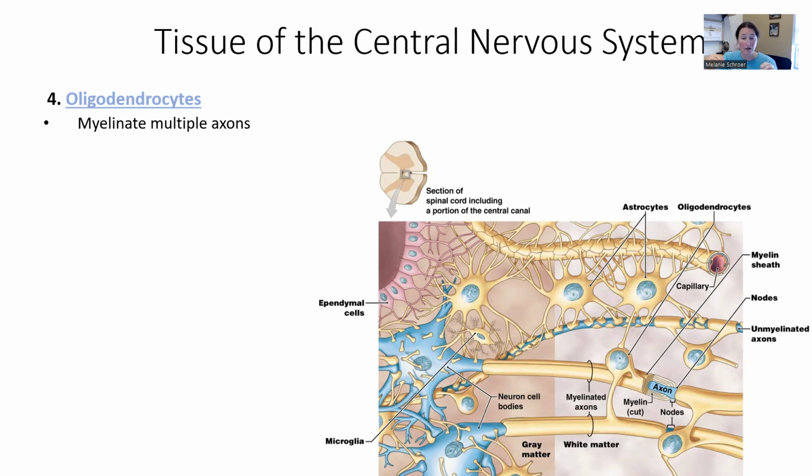So lots of lipids. And these extensions wrap around the axons of multiple neurons. Right, so here is one part of the cell, here's another part of the cell, each one wrapping around an individual neuron, and essentially creating an insulation layer around multiple axons within the central nervous system.